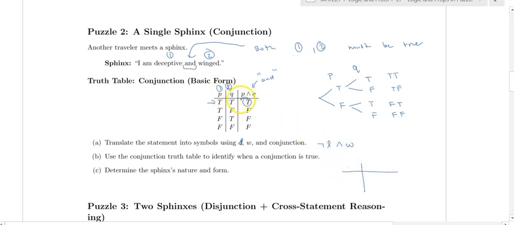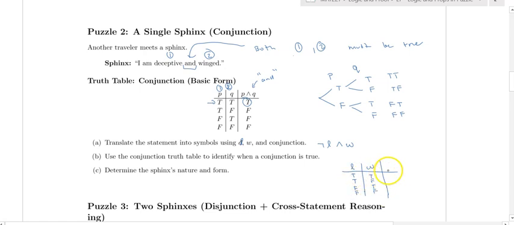Now, you notice that this is for P and Q, but we have a negation. So how do we build that? Well, here's how I recommend building it. Again, you can kind of go true, false, and then double the number of trues, double the number of falses.